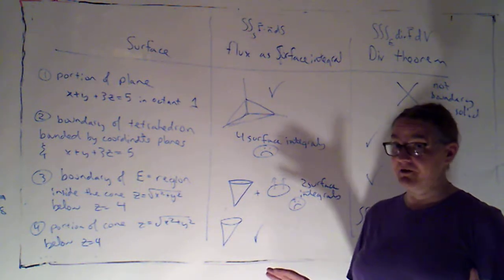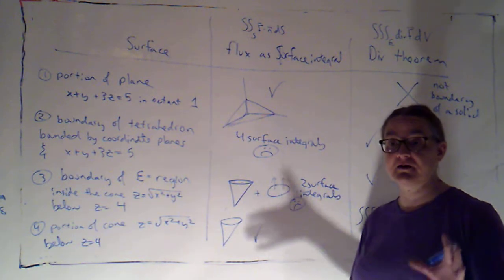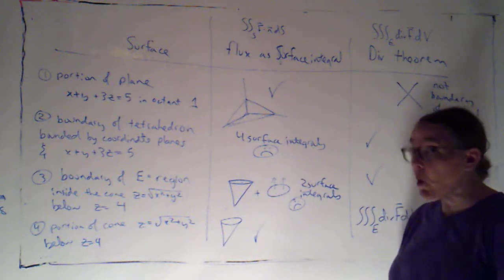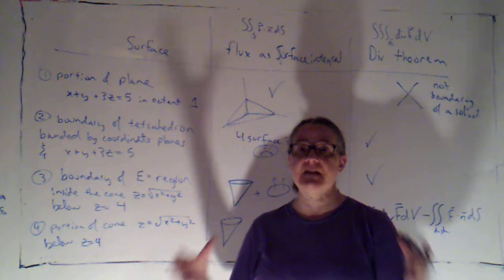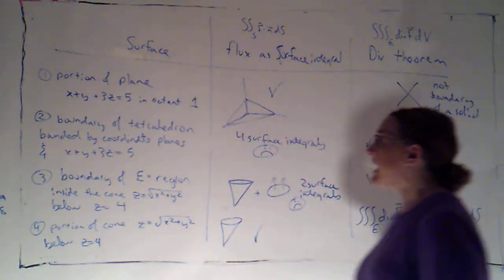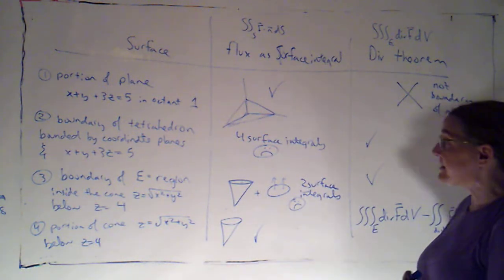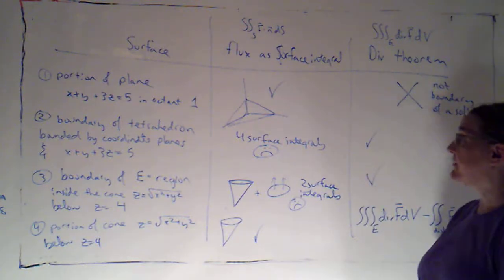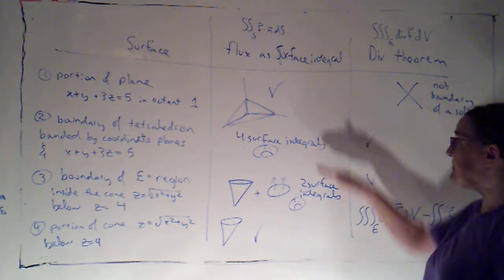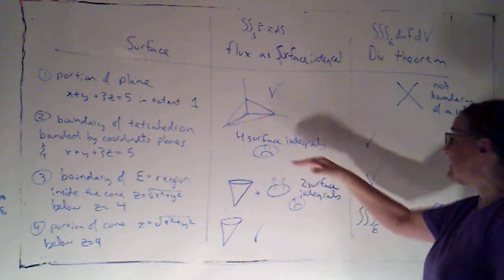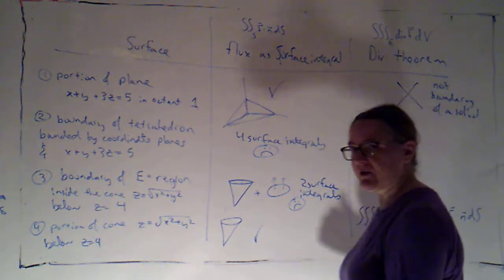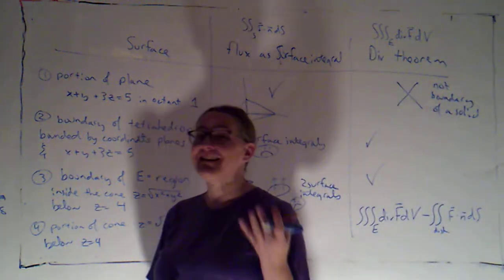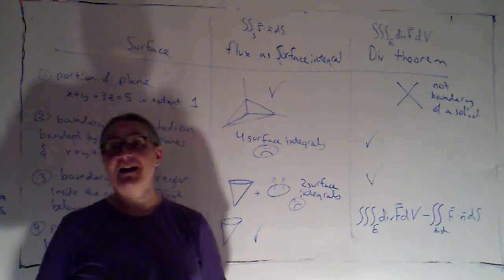Not all flux integrals can be done using the divergence theorem. The divergence theorem only applies if you have the boundary of a finite solid. Then you can use it, and as a general rule, if I do have the boundary of a finite solid but that gives me multiple surface integrals, then I tend to think the divergence theorem is going to be a nice shortcut. If I have just a single surface integral, it's generally not going to be the boundary of a finite solid.